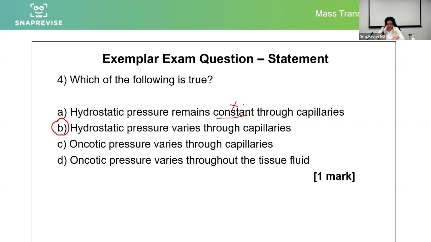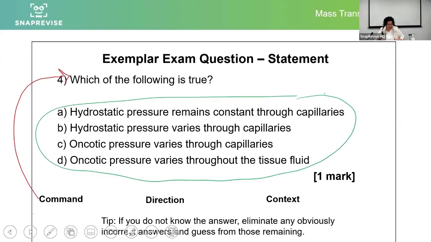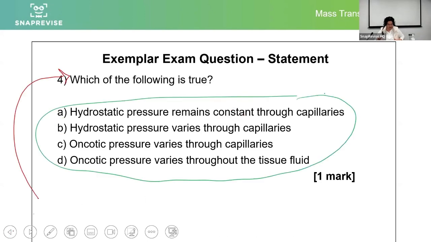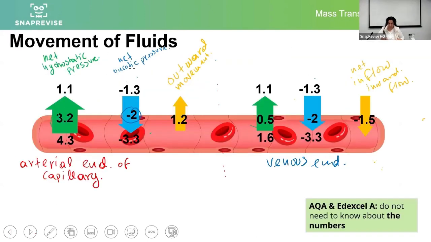Oncotic pressure varies through the capillaries. It does not, because the fluid is lost and the proteins stay behind, both in the arterial and the venous end. Let's look at the diagram again real quick. The oncotic pressure is the same in both ends of the capillary.